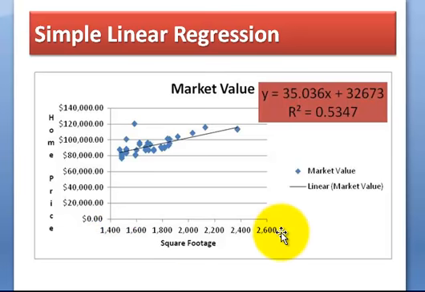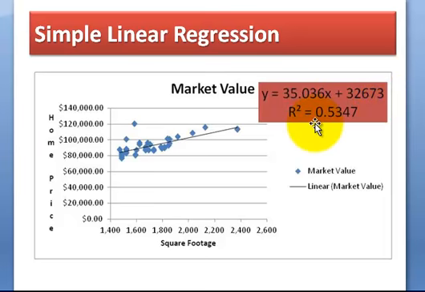We took our data and scatter plotted it, and we said square footage here, and we said home price here. And we asked Excel to give us the best fitting linear equation, and it gave it to us, and it told us that y, or our home prices, is equal to 35.036 times x, which is our square footage, plus 32,673.